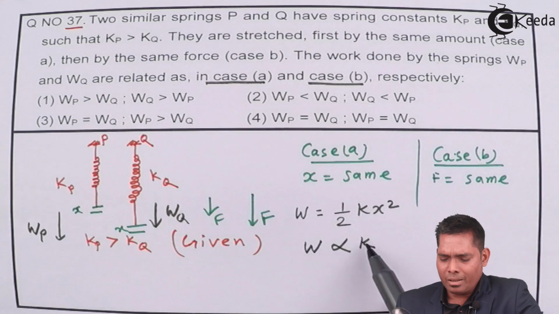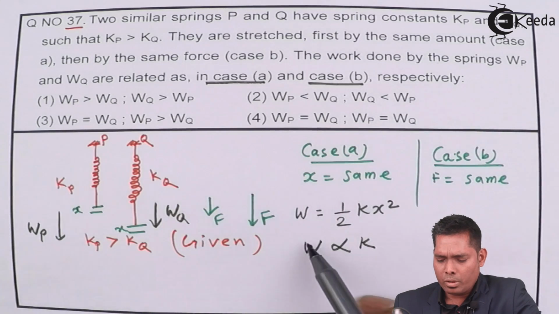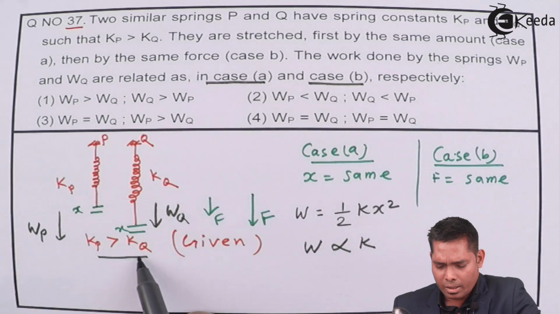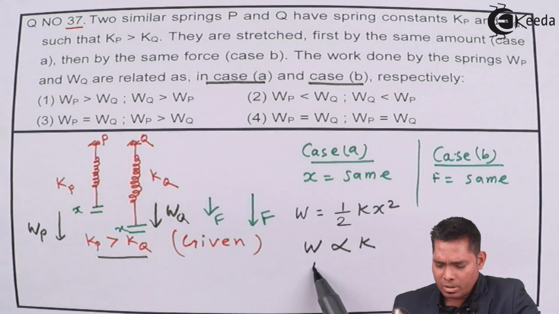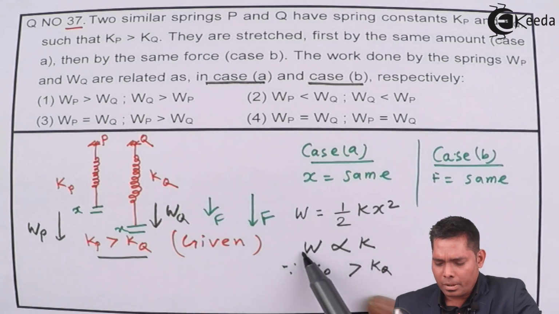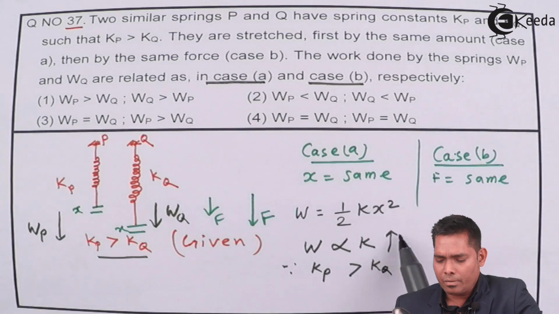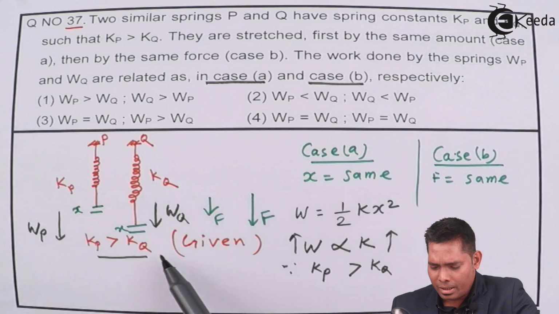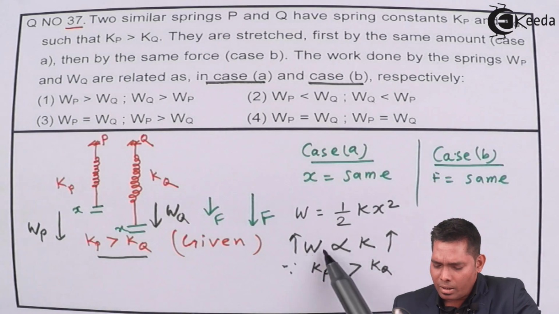That means the spring having more k will have more W. As given in the question, Kp is greater than Kq, so the corresponding work done will be greater because they have a linear relationship. So if Kp is greater than Kq, then Wp will also be greater than Wq.